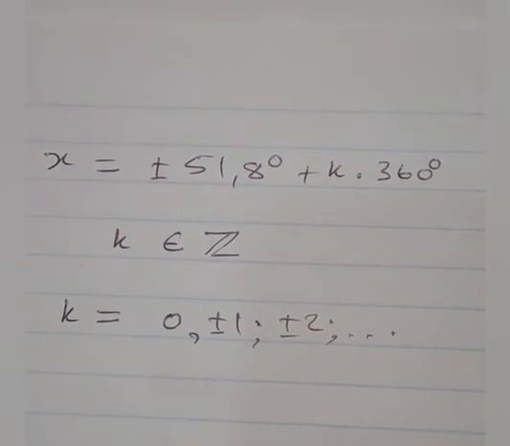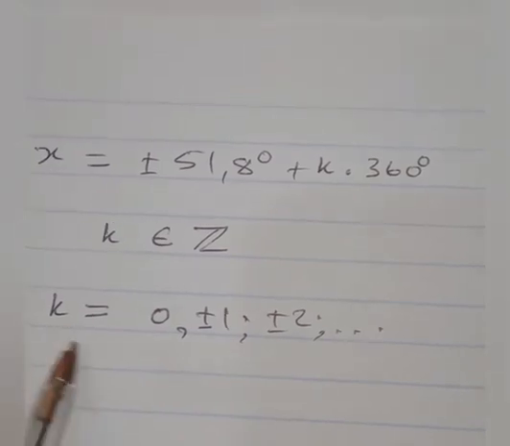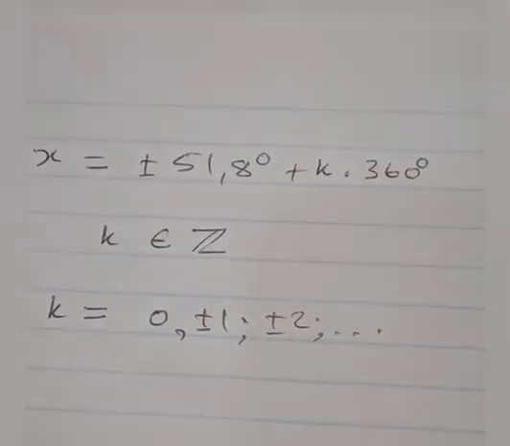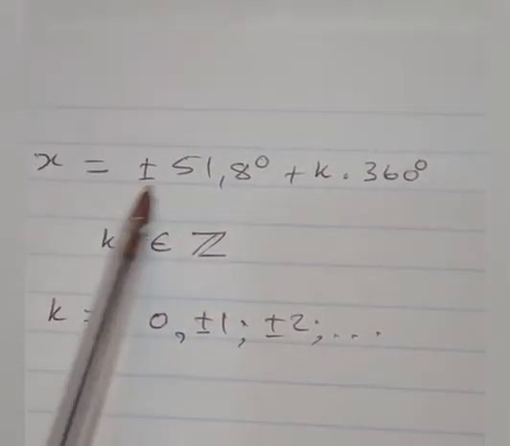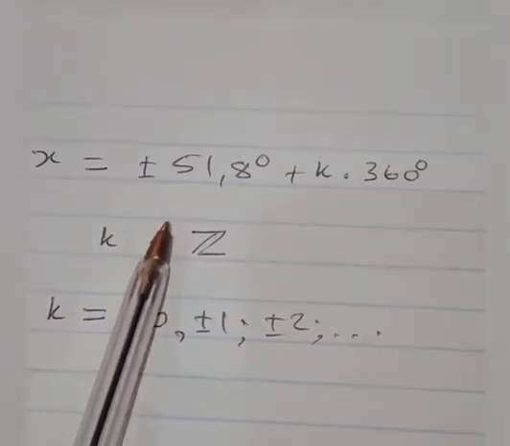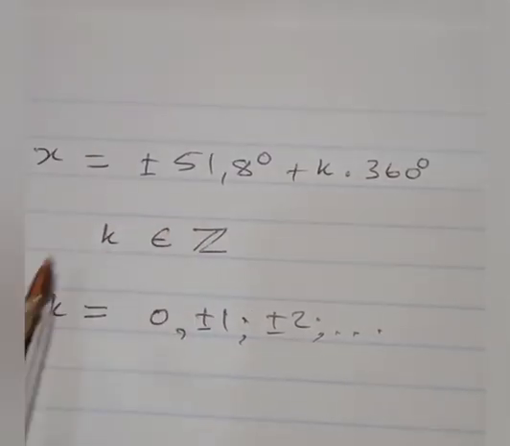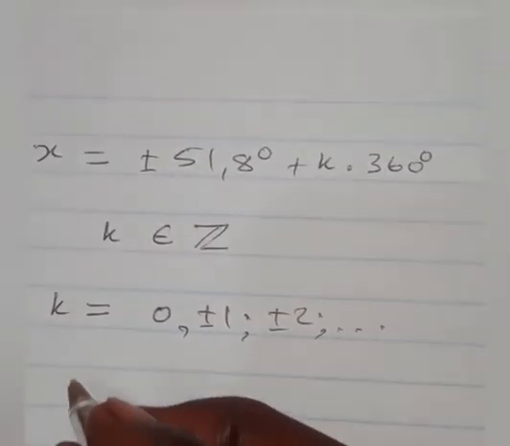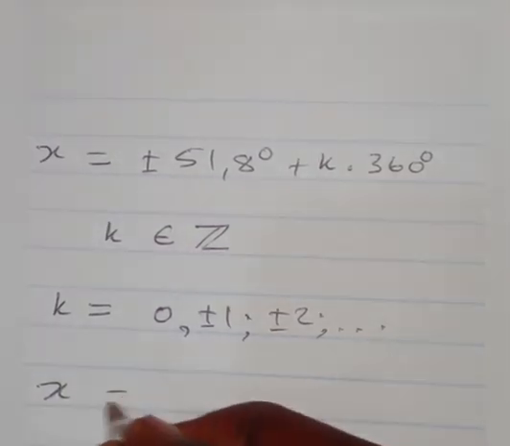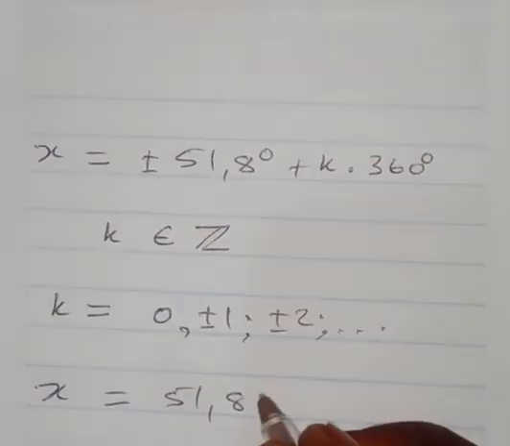Now, we'll check out the values that are out of our range when we plug in the values of k there. If we put k is equal to 0, we're going to have x is equal to plus or minus 51.8 degrees. But we reject the one that is a negative because it's out of our range. That means we're going to have the first value of x there being 51.8 degrees.